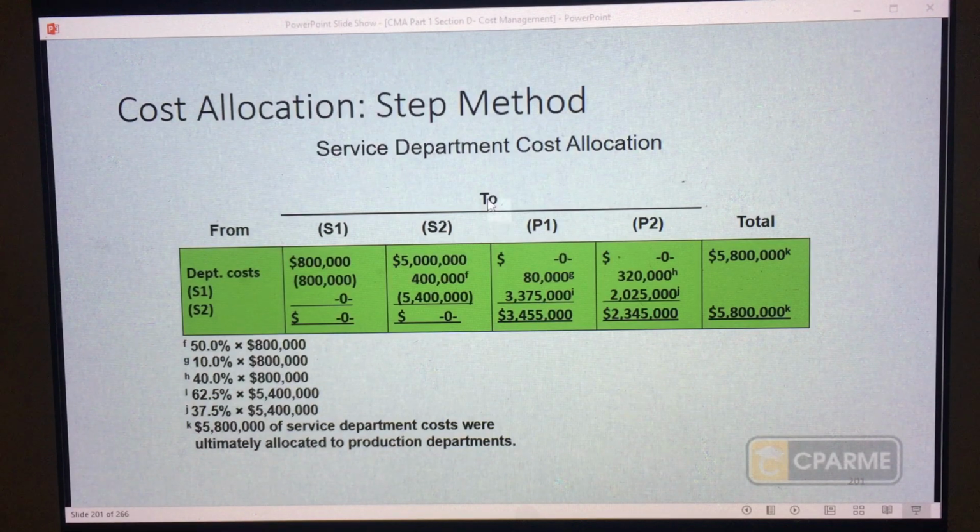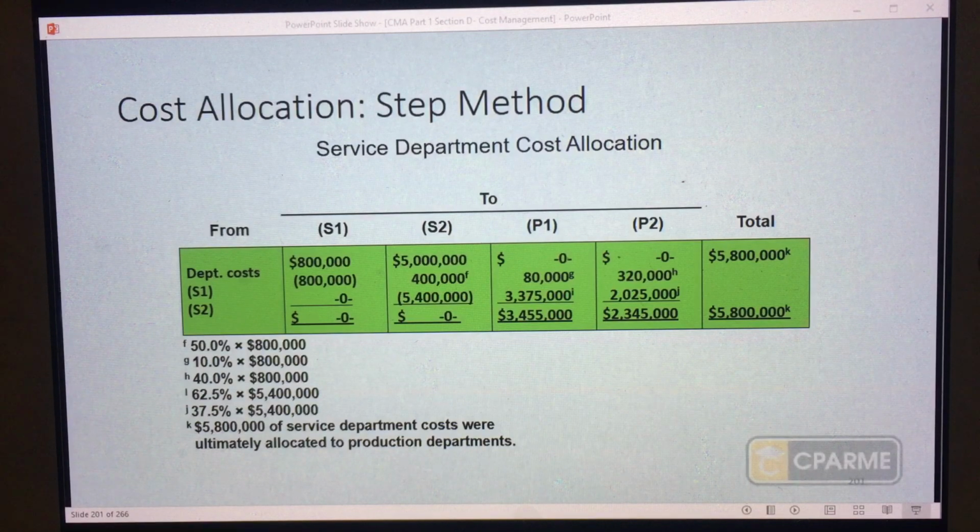Ito yung mag-highlight doon sa ating difference. No? You allocate cost to S2, but you do not allocate cost back to S1. So pag na-allocate mo na yung may pinakamataas na percentage of service provision, then that department can then allocate all of its cost to your production. Sa direct method, walang ganun. Allocate mo sila.